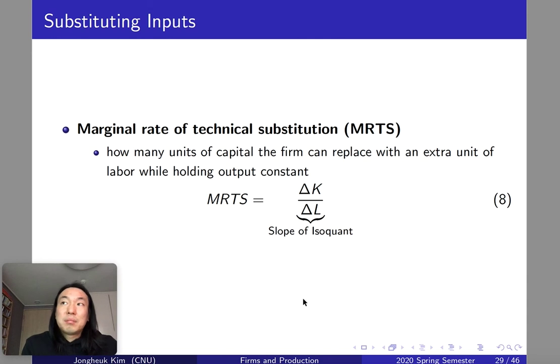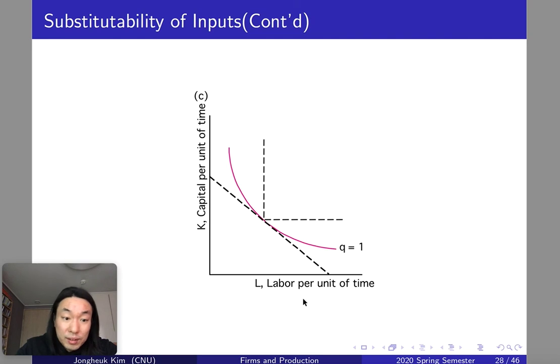So in the extreme case of perfect substitutes, there will be only one MRTS, right? Because it is linear. How about perfect complement? There is only one kinked point there, so the slope should be infinite.